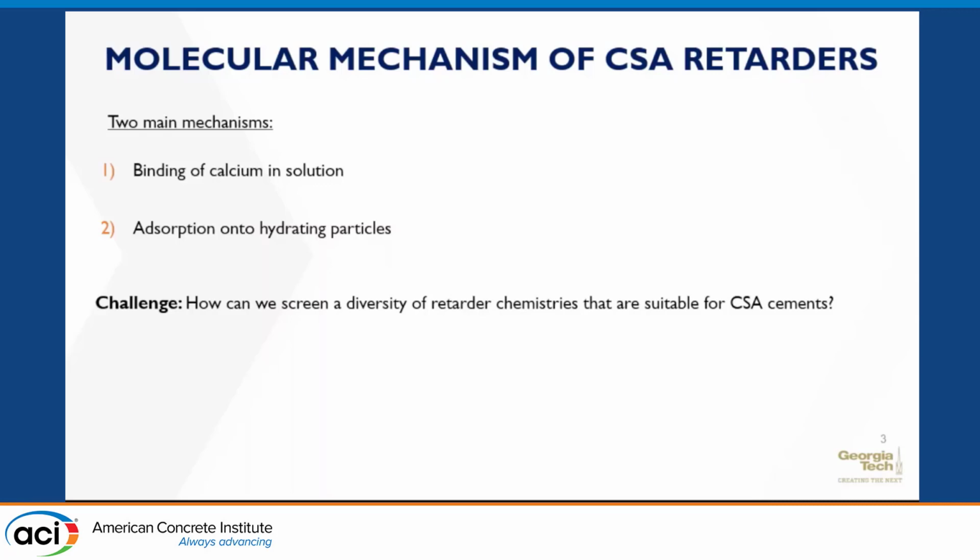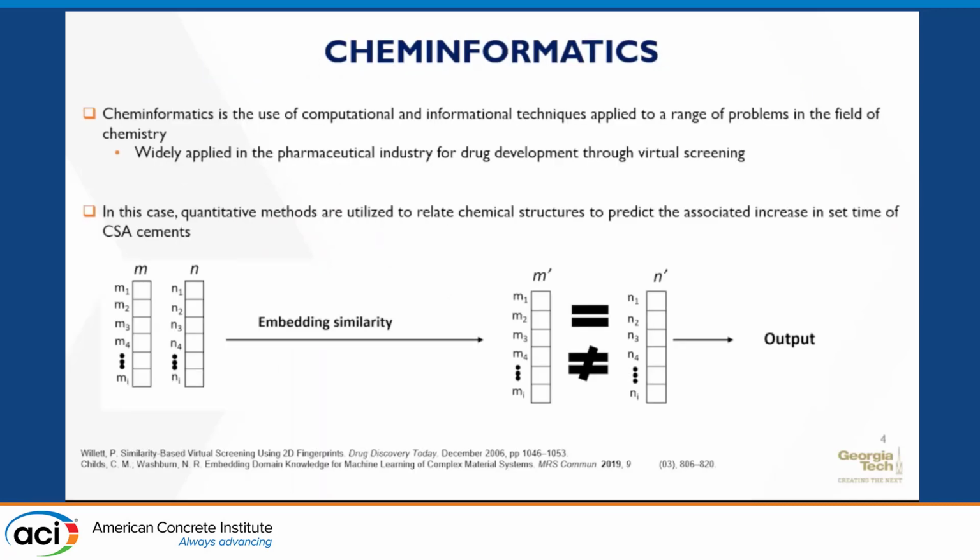So the question we ask and the challenge we try to tackle is how can we screen a diversity of retarder chemistries that are suitable for CSA cements, preferably without too much experimentation. For this purpose, we use a cheminformatics approach, which is a computational and informational technique used widely in chemistry.